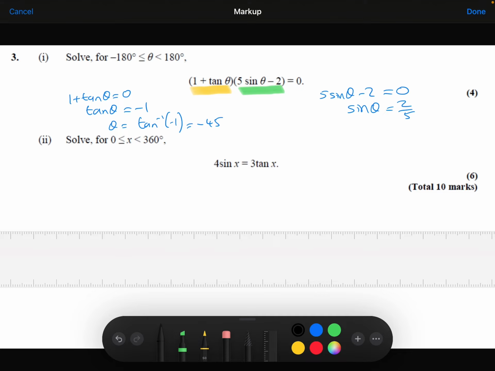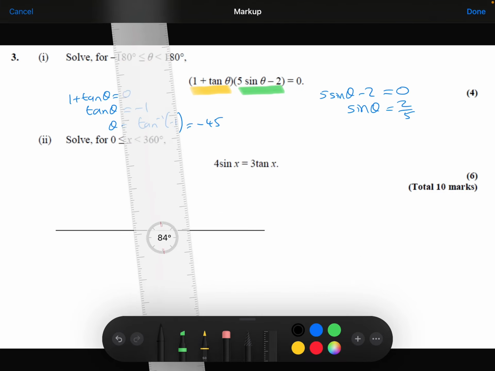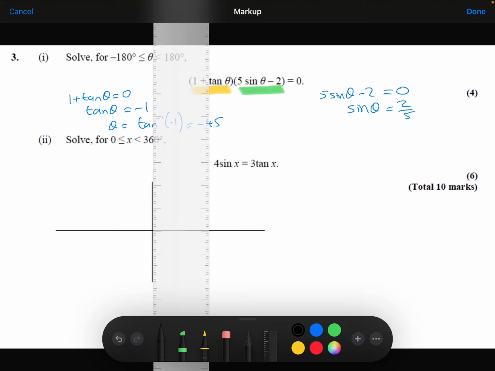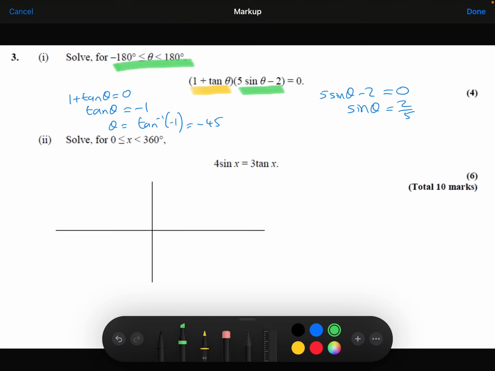And I'm now going to draw a quick tan graph to find the other solution for this. I need to draw the tan graph between minus 180 and positive 180. Remember, it has asymptotes at minus 90 and plus 90. Always important to draw your asymptotes first when you're drawing the tan graph.